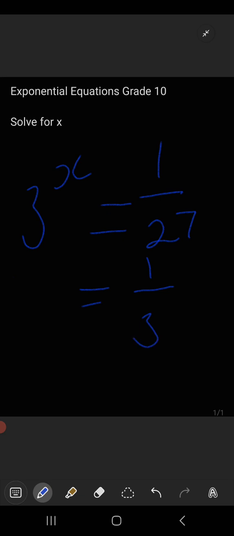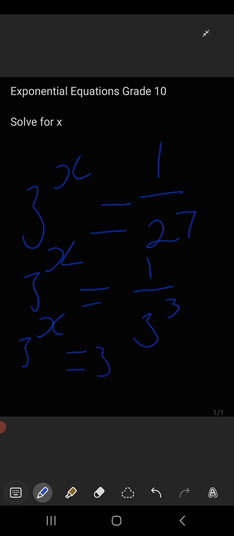27 is equal to 3 to the power of 3. Sorry for that. And we have 3 to the power of x here. So it's 1 divided by 3 to the power of 3, and 3 to the power of 3 will give you 27. We are not done. We need to change this fraction into a negative exponent so that we ensure that our bases are the same.